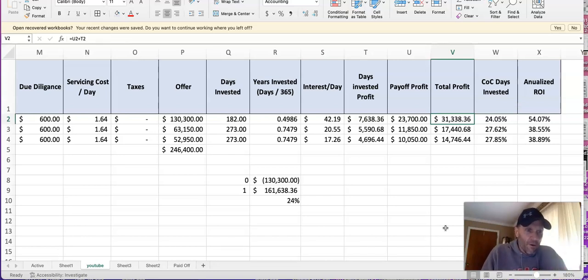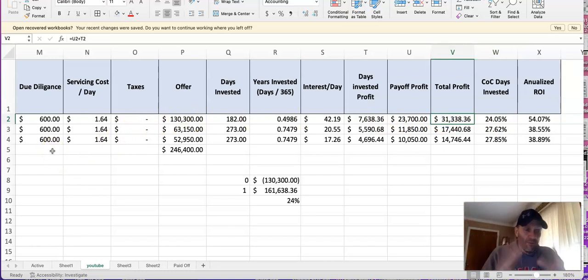Where it gets a little confusing is when people talk about the cash on cash or the rate of return, the ROI, it's an accumulative value, right? It doesn't take any time into effect. So when you look at the overall cash on cash, you're getting 24.05% based on the profits that you made divided by what you actually invested, right?